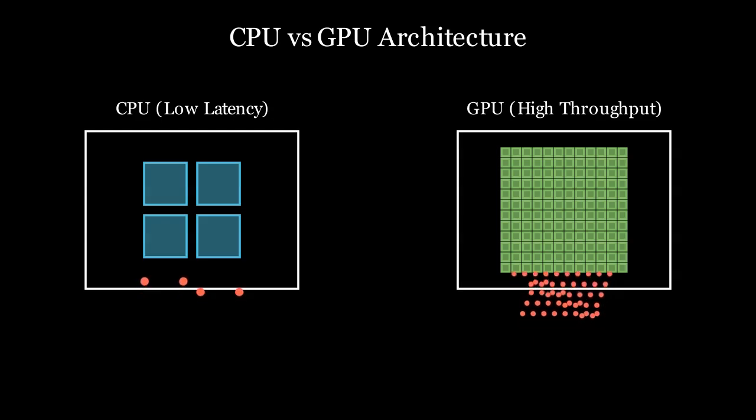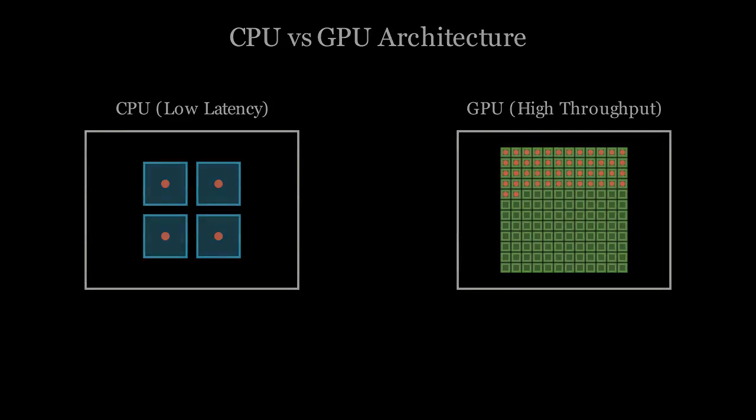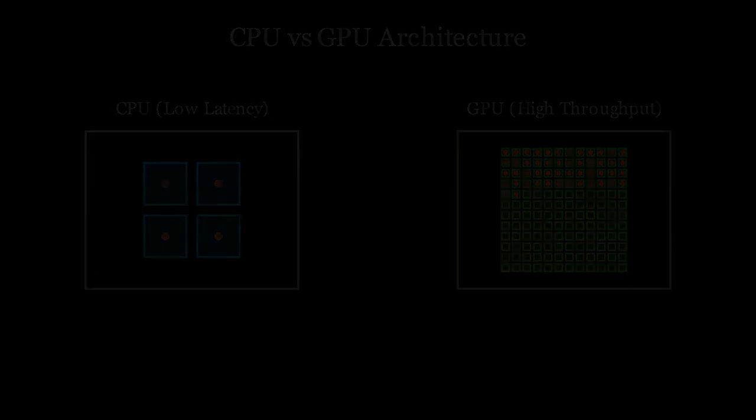Instead of a few complex cores, it contains thousands of simpler cores. This is the SIMT model, single instruction, multiple threads. While a CPU handles tasks like a high-speed Ferrari delivering one package at a time, a GPU is like a massive freight train delivering thousands of packages at once, albeit at a slower individual speed.